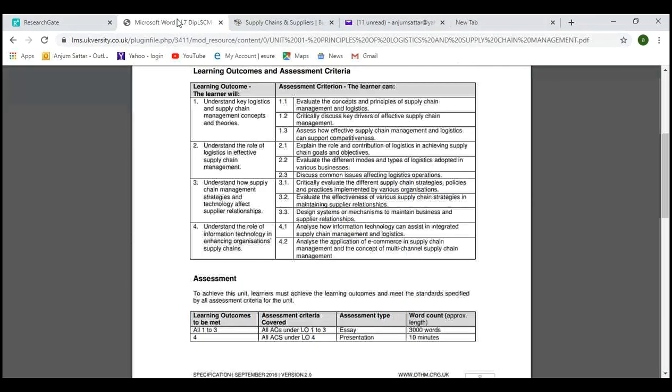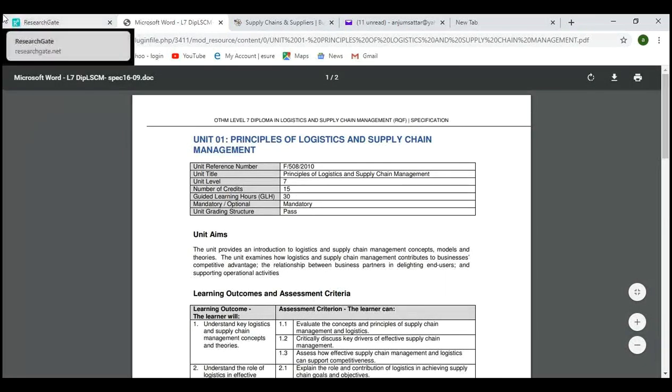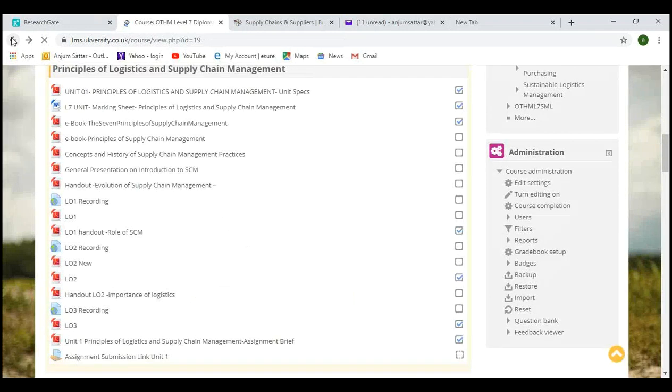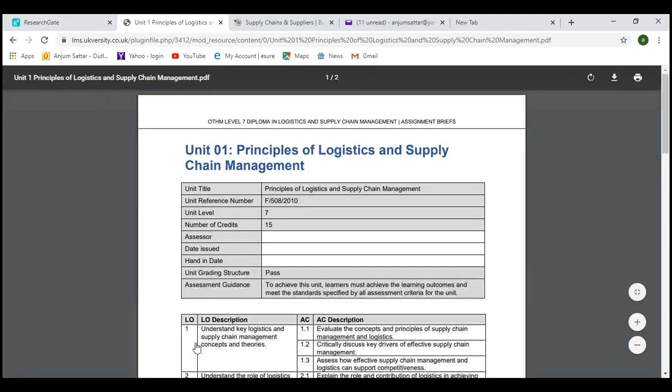So next, what rest you have to do, you have to make your assignment, yes? And where assignment? That's marking sheet. Yes, this is your assignment brief.